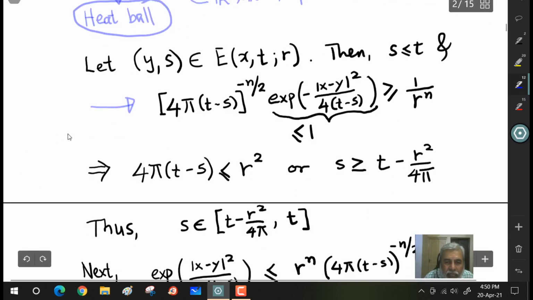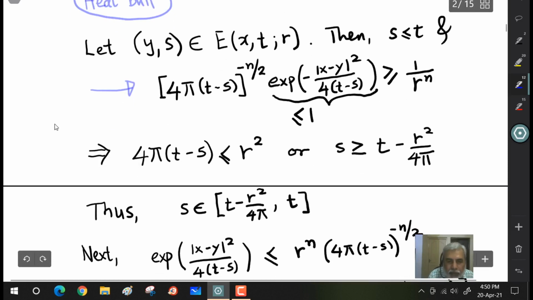So that further implies, if you just consider this factor and that factor, this is less than or equal to 1. So you find that 4 pi (t minus s) is less than or equal to r^2, or s is bigger than or equal to t minus r^2 by 4 pi.